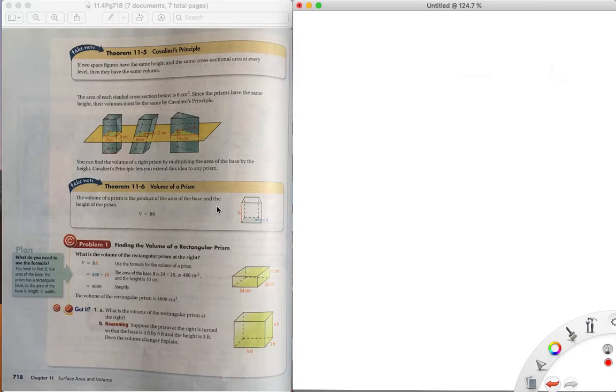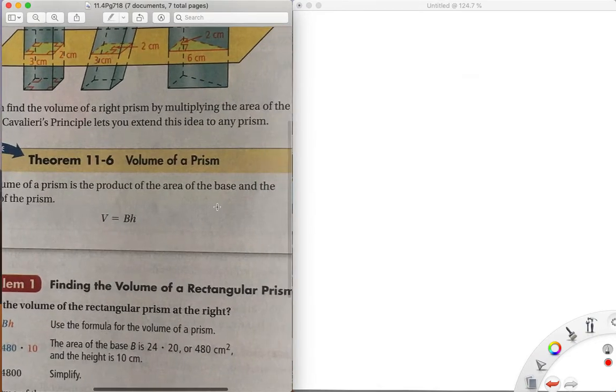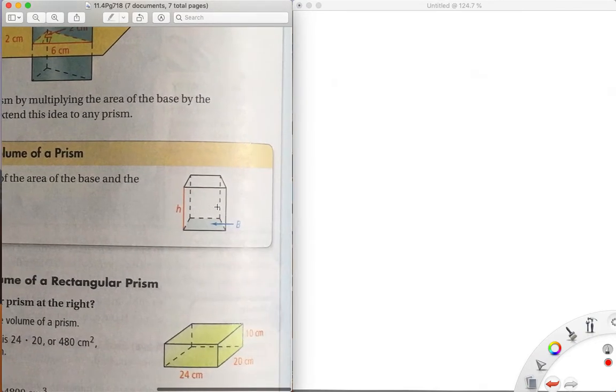The volume of a prism is the area of the base times the height. Recall that the bases are always opposites. They're never going to touch. They're parallel. The bases are always perpendicular to the height. So here's our height right here, h.